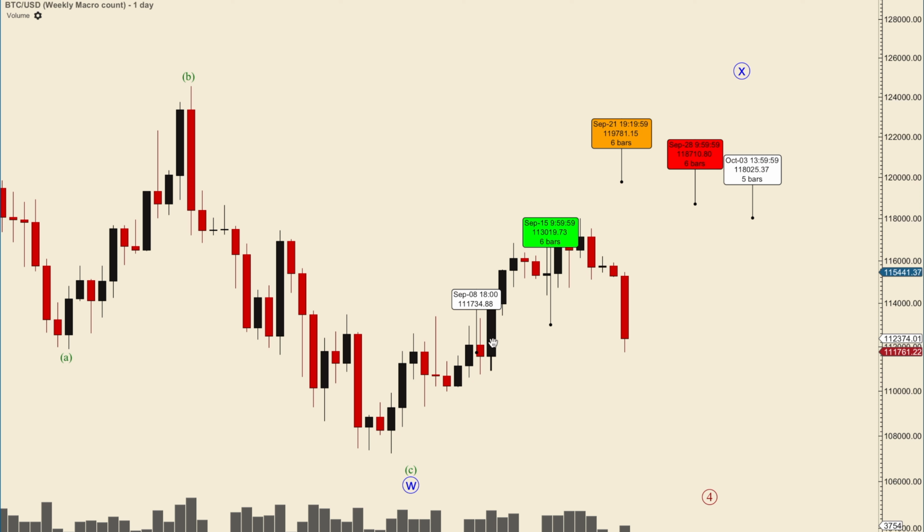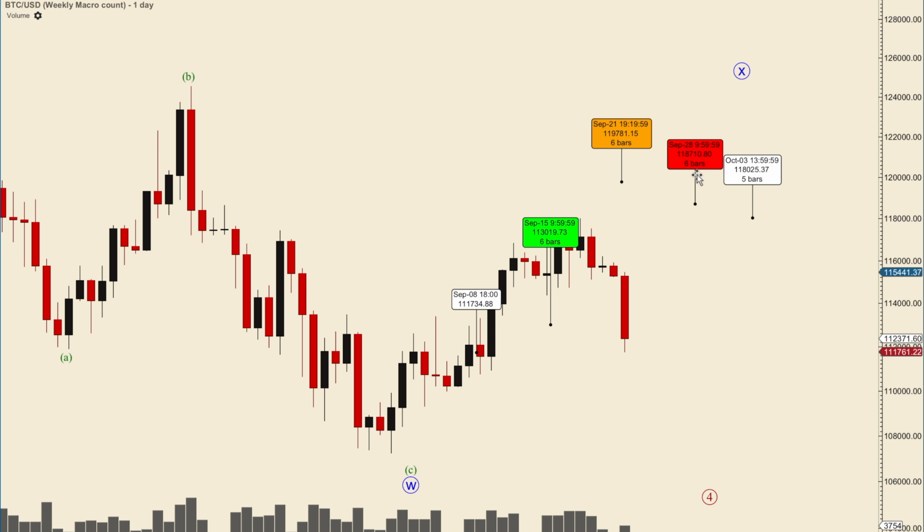So you can see here that this was the end of this sideways correction and we moved up, and this was the end of this correction and we moved up. And here we are also moving down from this. So take it for what it is. It could be a sign that something is finishing and that something is about to happen.